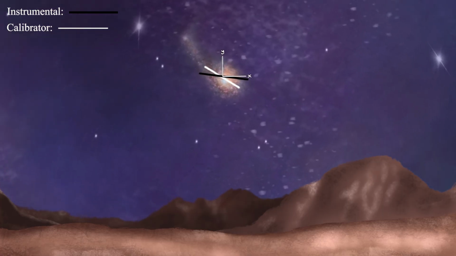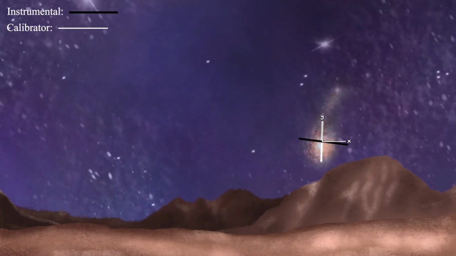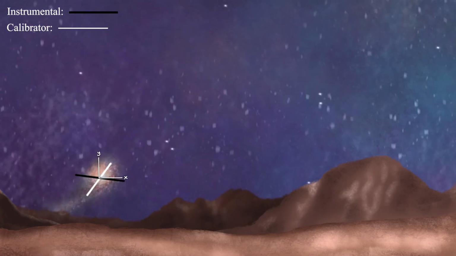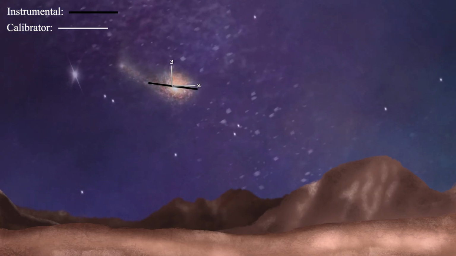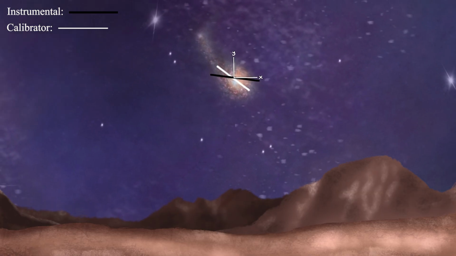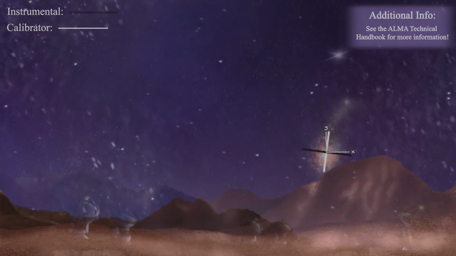In order to disentangle the instrumental and calibrator polarization and to measure the phase delays and other effects for each antenna, the period of observation must be long enough to ensure that sufficient sky rotation has occurred. In practice, this is typically 2 to 3 hours.